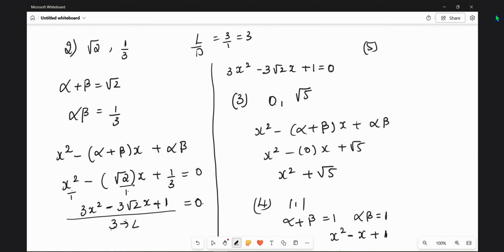Next one, minus 1 by 4, comma 1 by 4. So alpha plus beta is equal to here minus 1 by 4. Alpha into beta is 1 by 4.